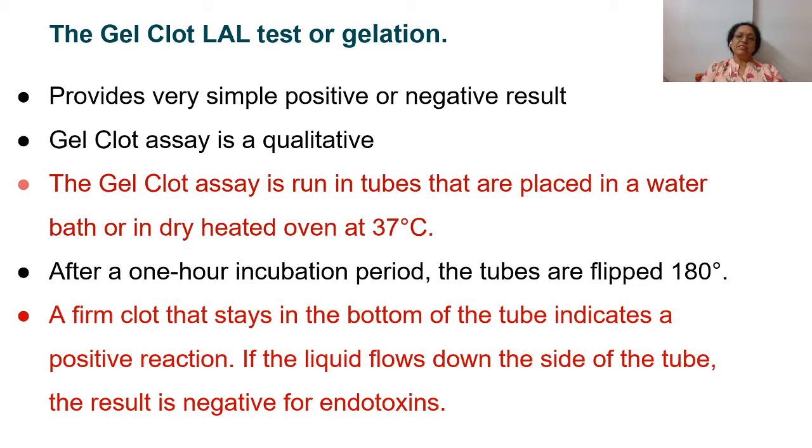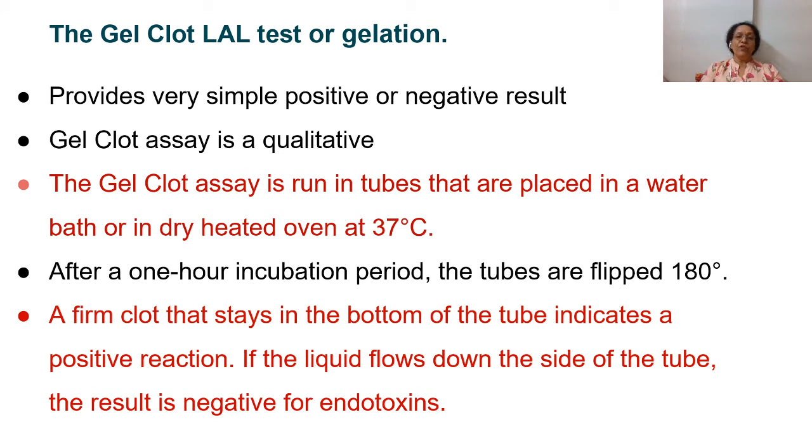Only after mixing the pharmaceutical sample with LAL reagent, after 1 hour incubation, the tubes are flipped 180 degrees, and a firm clot, if formed, stays at the bottom of the tube, indicating a positive reaction. So the principle is very simple: the mixture clots, and that firm clot remains as it is at the bottom of the tube.